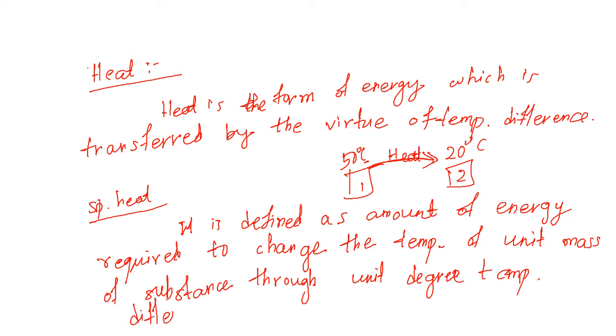The amount of energy required to change the temperature of unit mass of a substance is called specific heat.